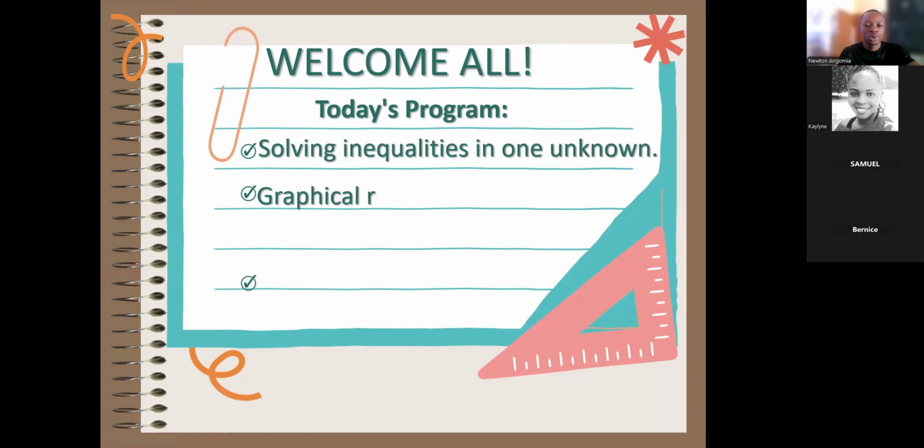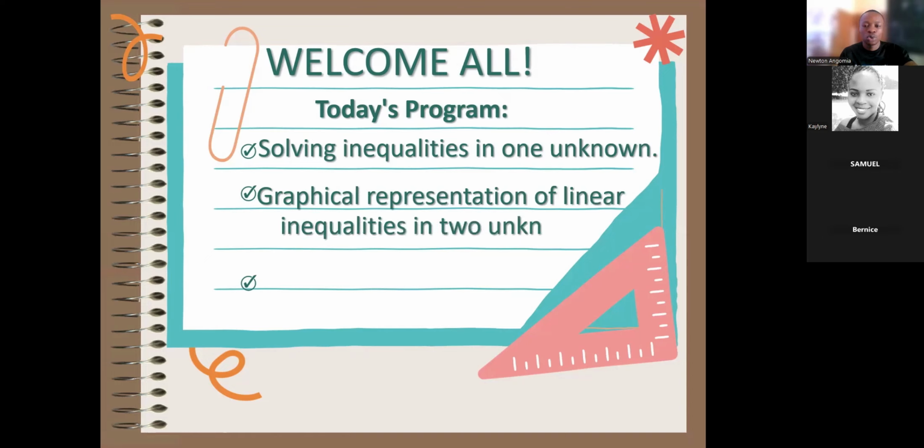How can we graphically represent linear inequalities in one and two unknowns. And lastly, we'll discuss the applications of linear inequalities, how useful this concept is in our real life.